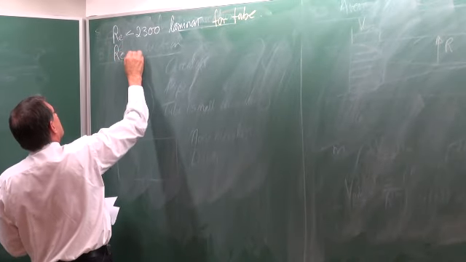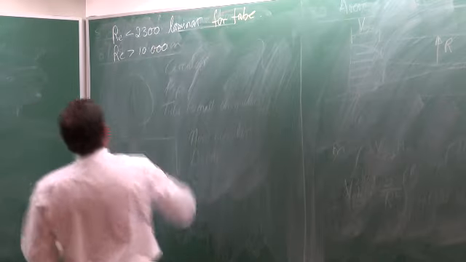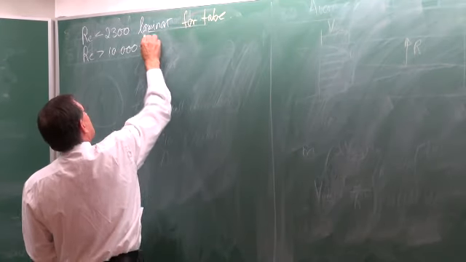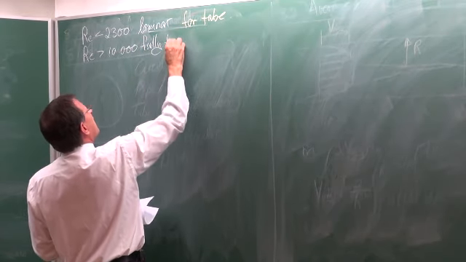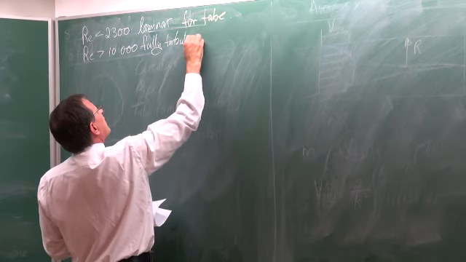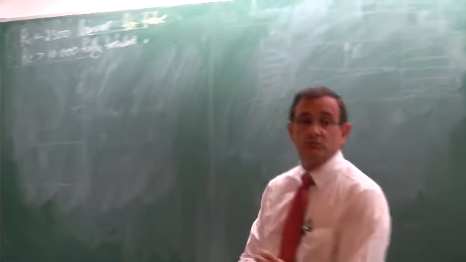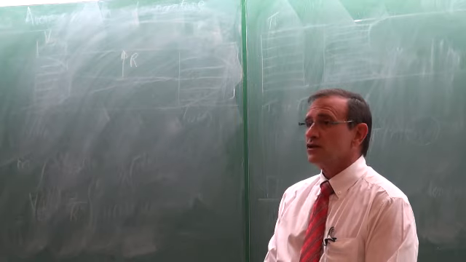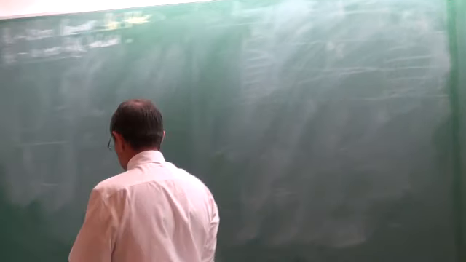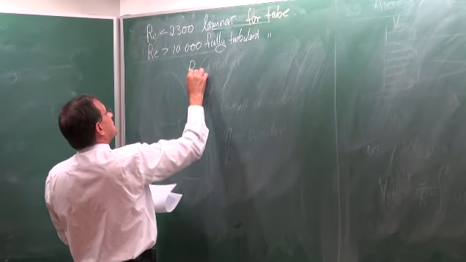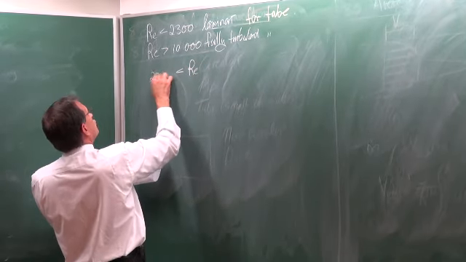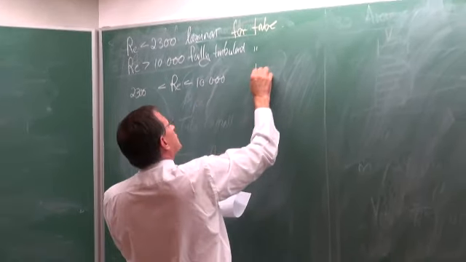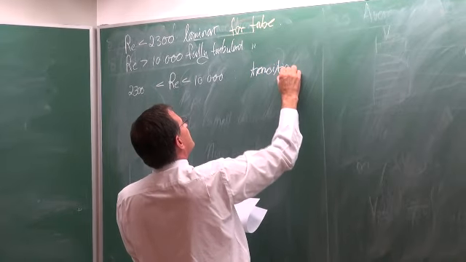If it is larger than 10,000, and that's going to look strange to you, but I'm going to explain it just now, we're going to say the flow is fully turbulent. And again, that is for a tube. It's not a general result valid for all cases. It's only for a tube or for a pipe. If the Reynolds number is larger than 2,300 and smaller than about 10,000, then it's going to be considered as if the flow is in transition.